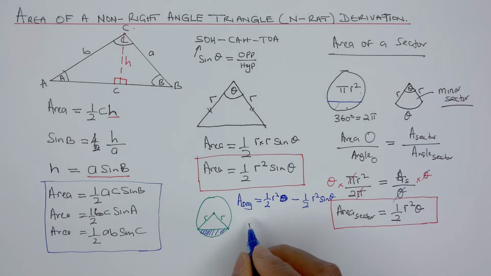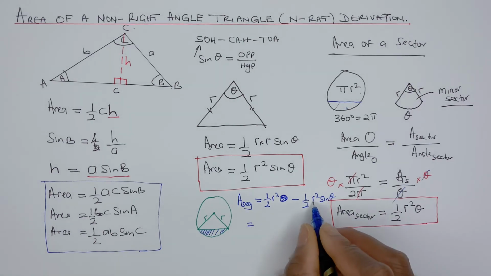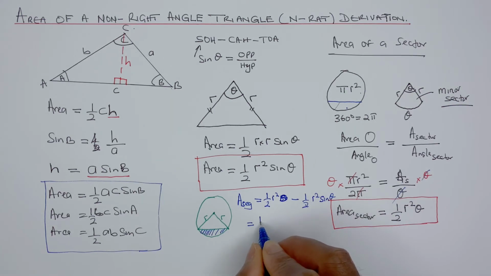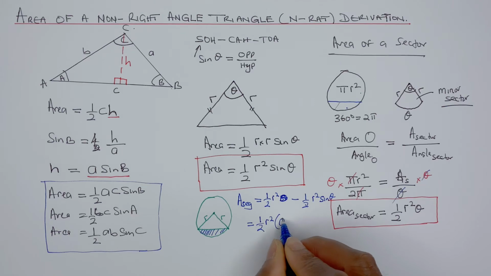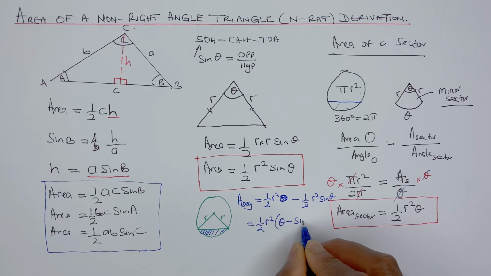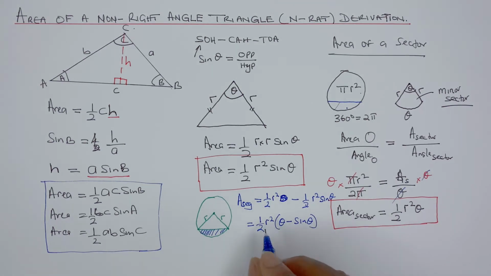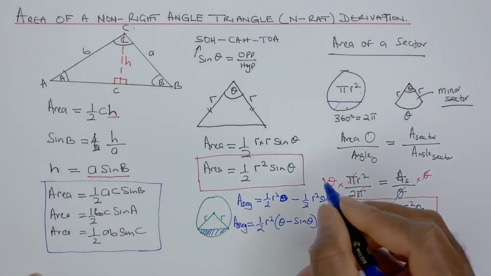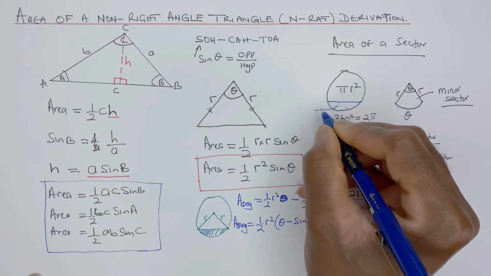So the area of the segment will be a half r squared, which is common, times theta minus sine theta. So this little bit here is a segment.